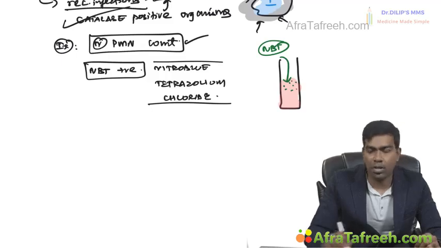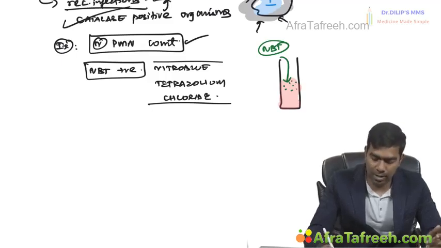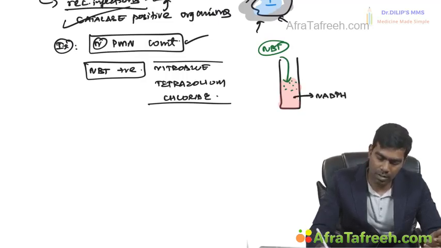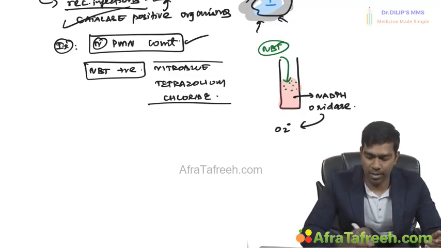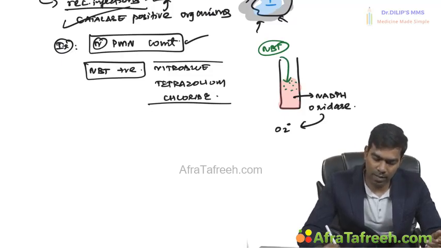So if NADPH oxidase is intact, suppose this blood contains NADPH oxidase, it is going to generate O2 free radical, and this O2 free radical is going to change the color of this NBT to blue.